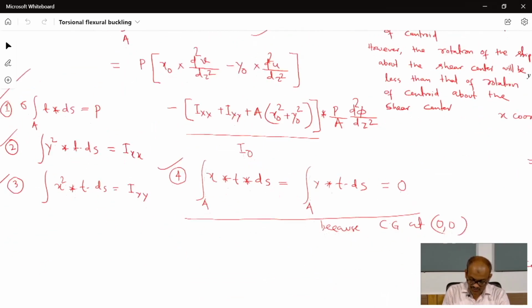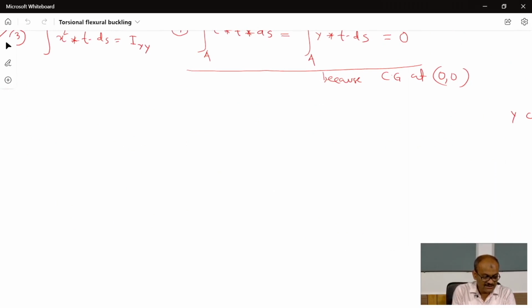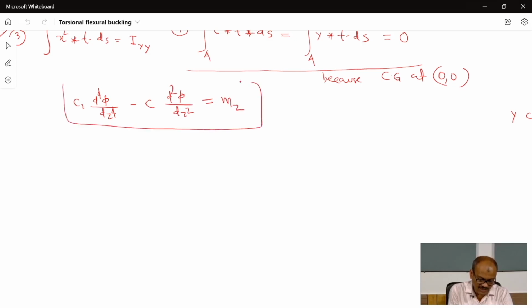That expression, if you remember, was C1 d to the power 4 phi by dz to the power 4 minus C into d square phi by dz square is equal to m. This governing differential equation involves both uniform torsion as well as non-uniform torsion.